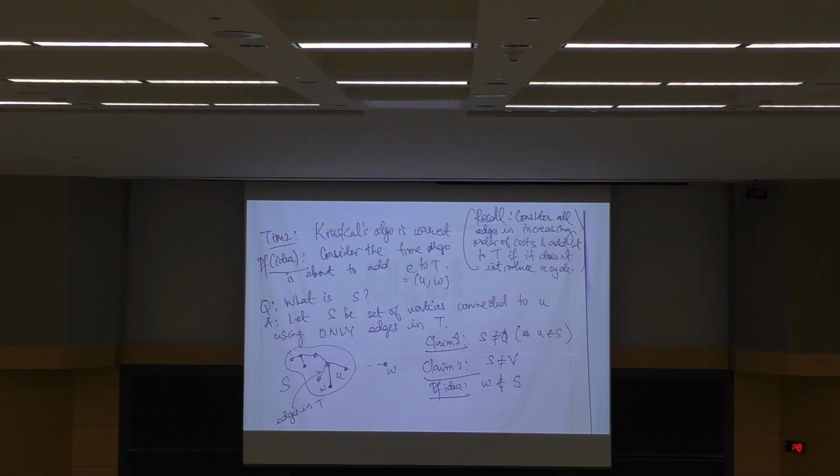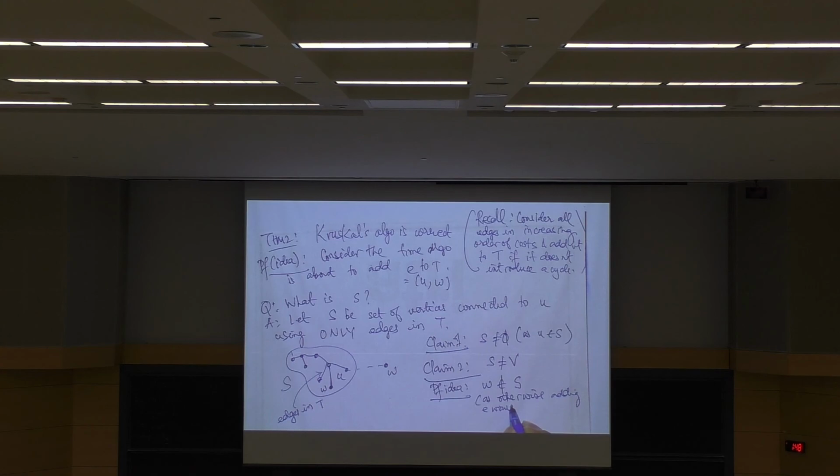And now I have not added the edge uw yet. So if I added the edge uw, I would end up with a cycle, because otherwise adding e would create a cycle.